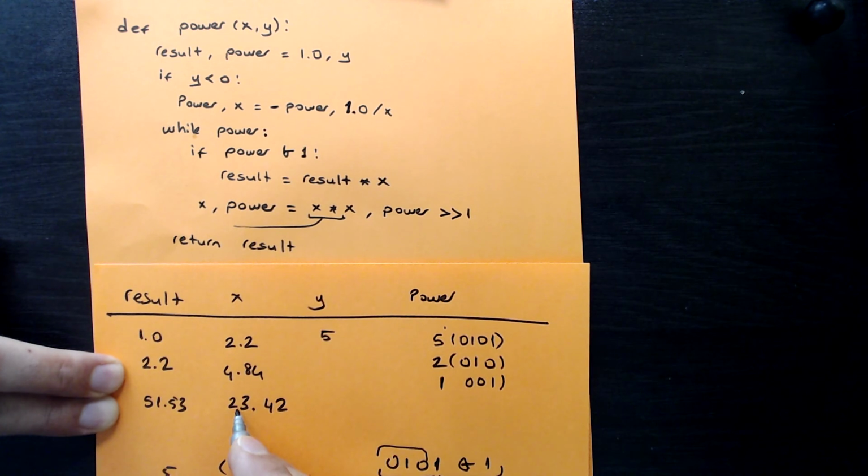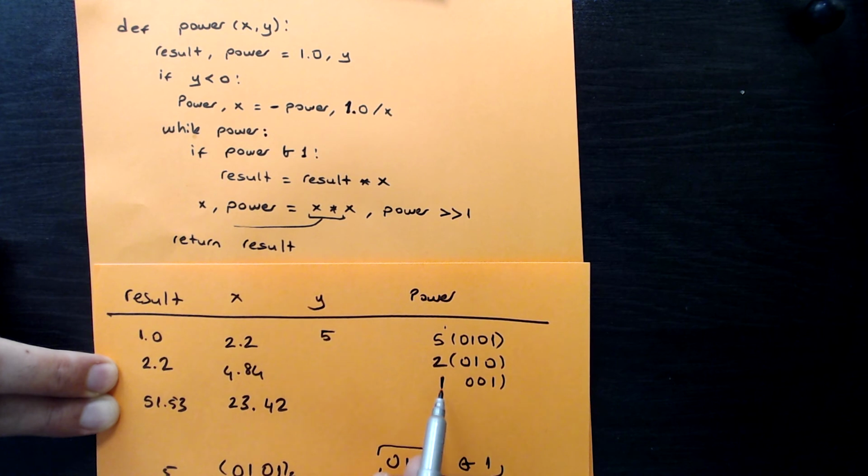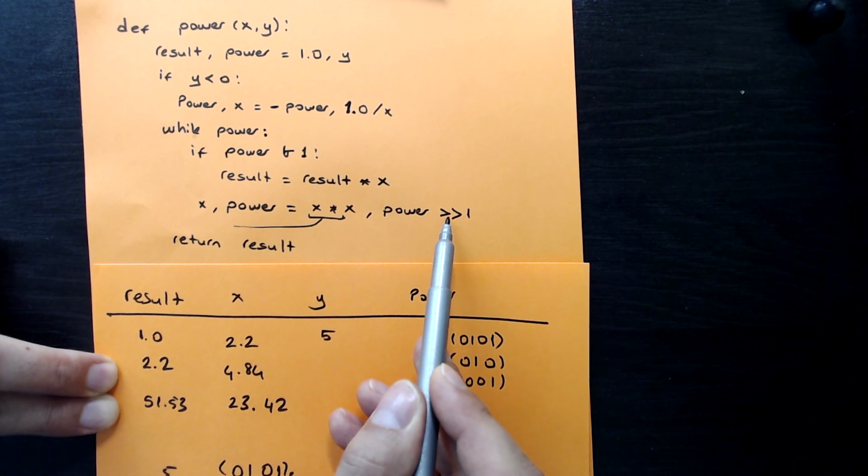So basically this number here, 23.42 times 23.42, I actually don't know what that number is, but I don't think we're going to need to use it anyway, because as you will see, we're going to run out of the loop. This is some number, let's say 400, some other weird number, right? And then power becomes right shift by 1.